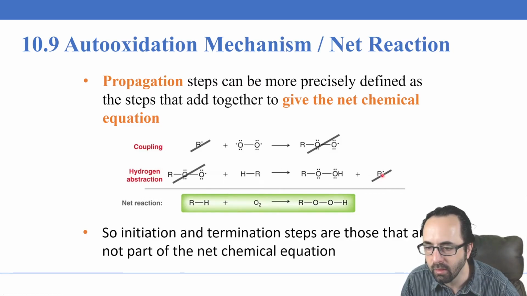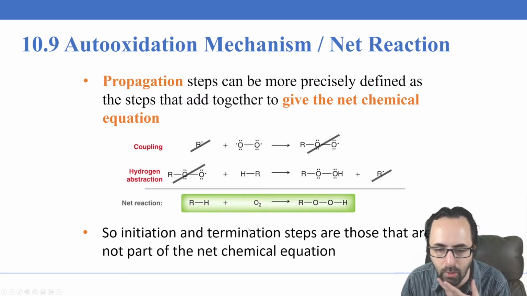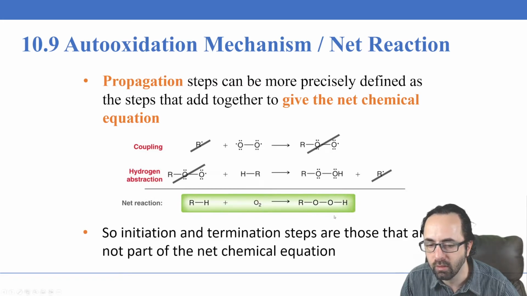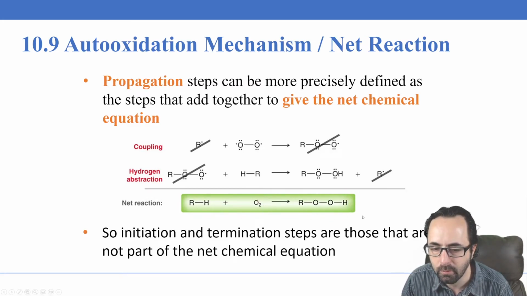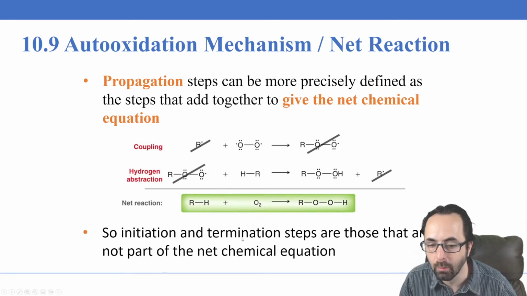Likewise, this produces the hydrocarbon radical, which is then consumed in the subsequent coupling step. And overall, we get that the hydrocarbon molecule reacts with oxygen and produces the hydroperoxide. And as usual, we get the overall reaction by adding the propagation steps.